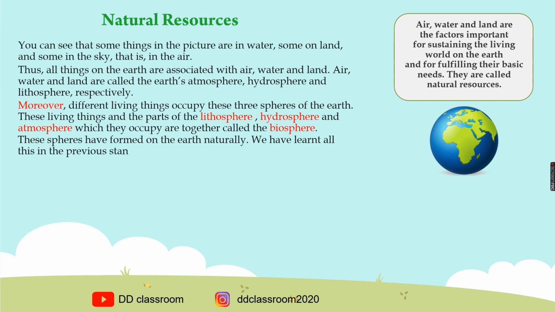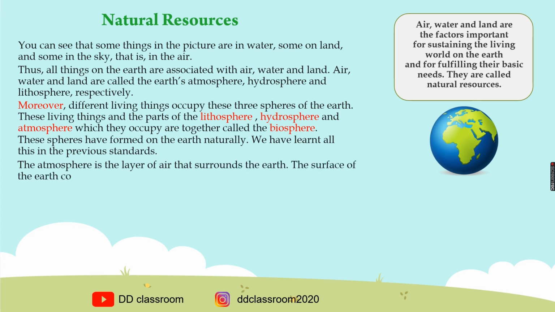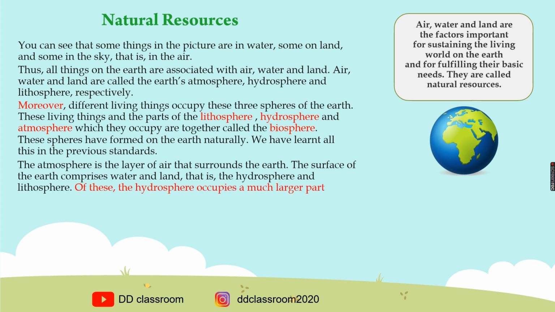We have learned all this in the previous standards. The atmosphere is the layer of air that surrounds the earth. The surface of the earth comprises water and land, that is the hydrosphere and lithosphere. Of these, the hydrosphere occupies a much larger part than the lithosphere.